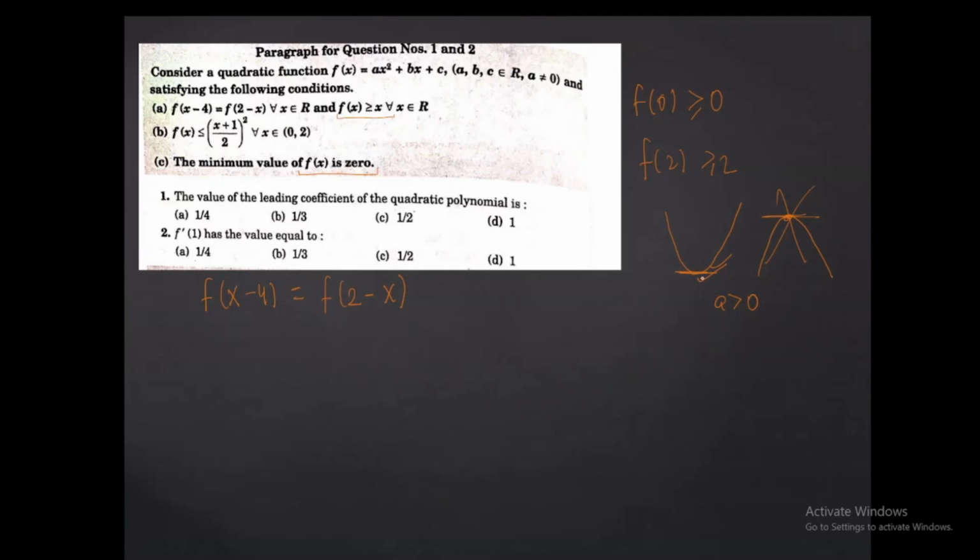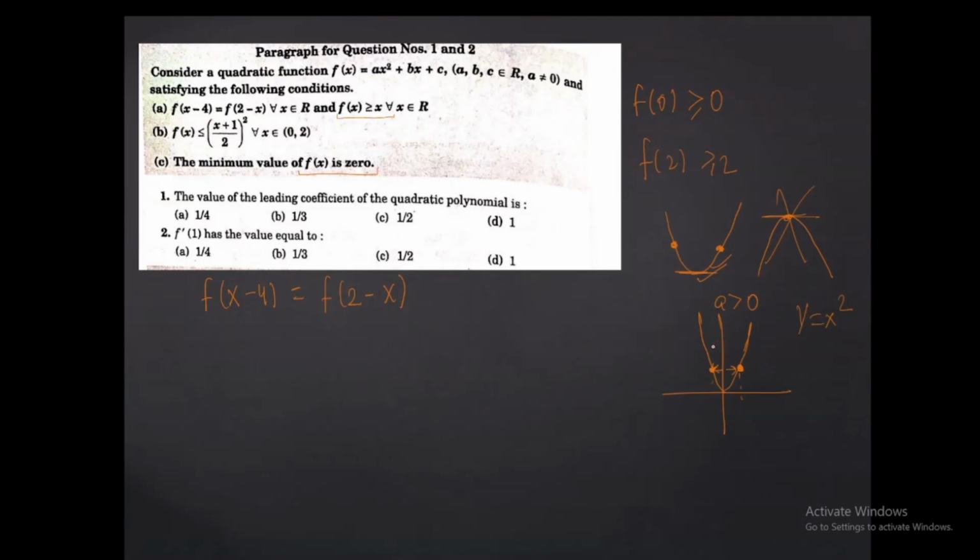Okay. Now you will see that in a quadratic there is symmetry, right? If you take the general expression y equals x square, here we have symmetry about the y-axis. If we go to the right-hand side, we get this, and if we go the same distance to the left, we get this, right?